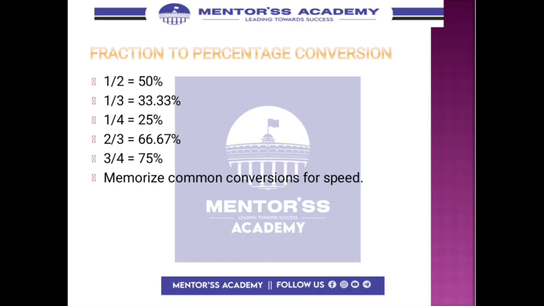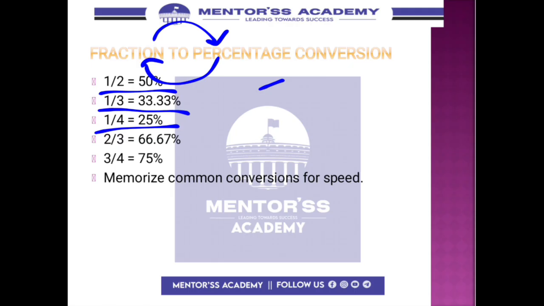These are one of the most useful exam hacks: converting fractions to percentages and vice versa. Here are some common conversions you must memorize for speed: 1 by 2 is 50%, 1 by 3 is 33.33%, 1 by 4 is 25%, 2 by 3 is 66.67%, whereas 3 by 4 is 75%.